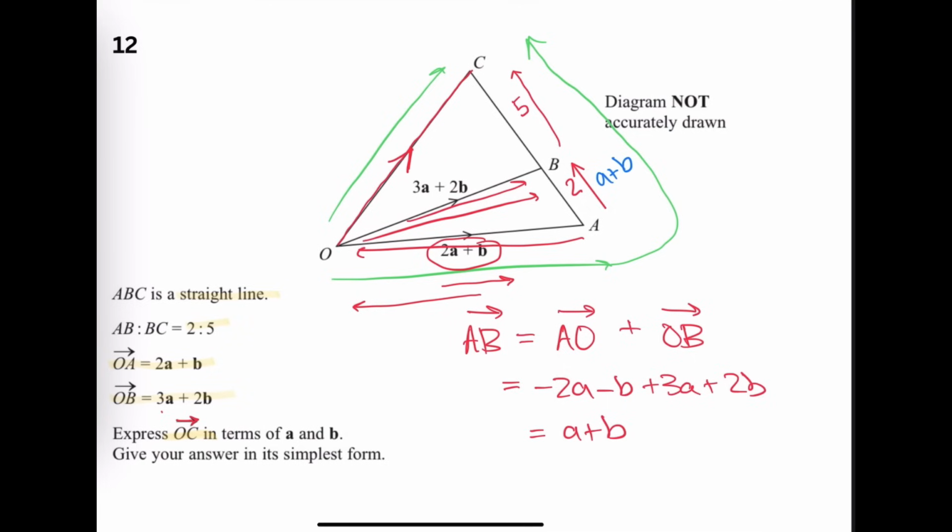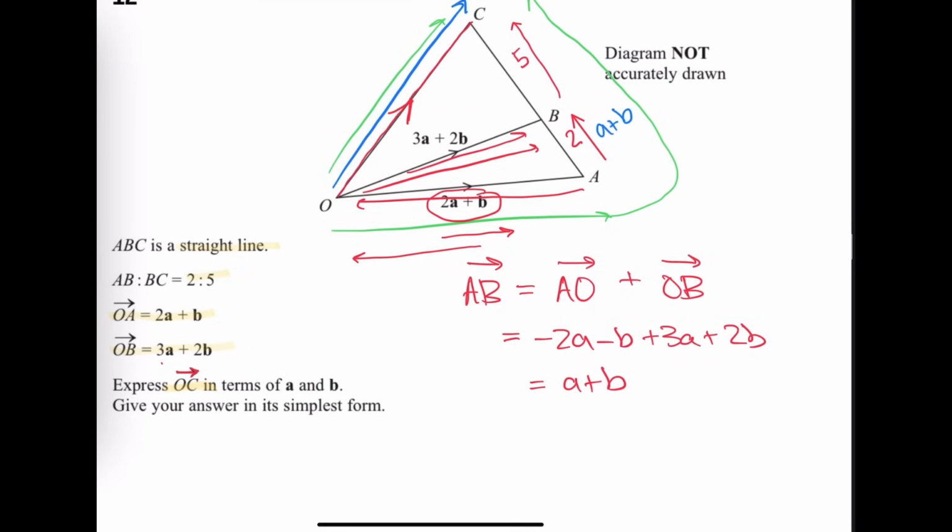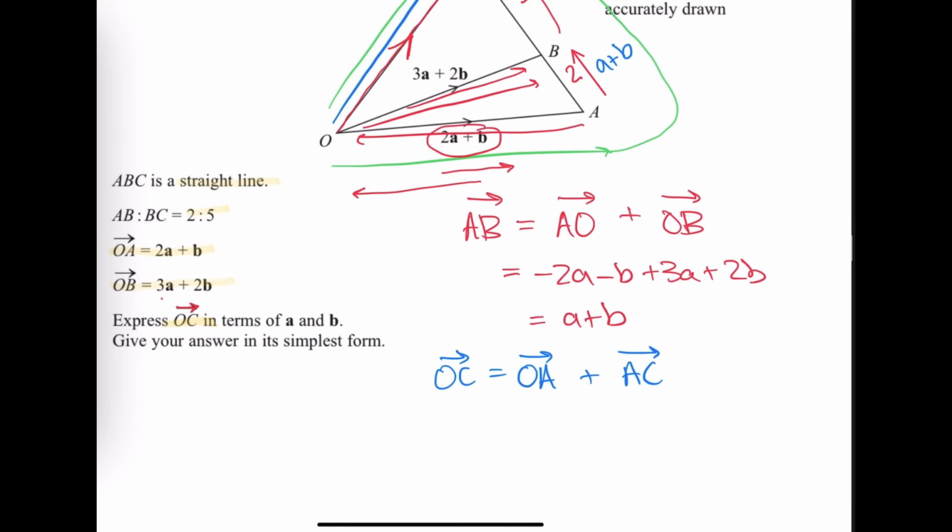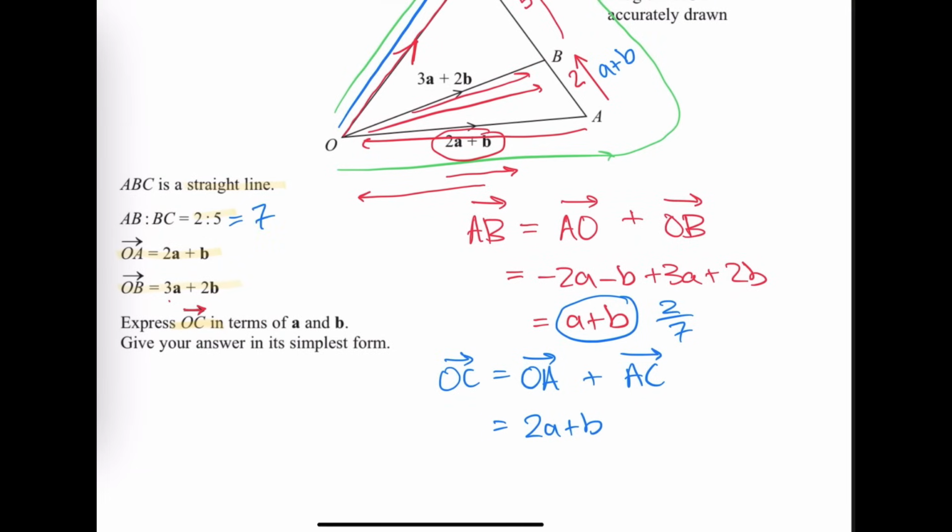Now what we are going to find is what OC is. OC is going to be the same as OA plus AC, which is what we saw in the beginning. So OA is just 2A plus B. Now, because we know that AB is the same as 2 over 7, I got 7 by doing 2 plus 5, which is 7, and this is just 2 parts of it.